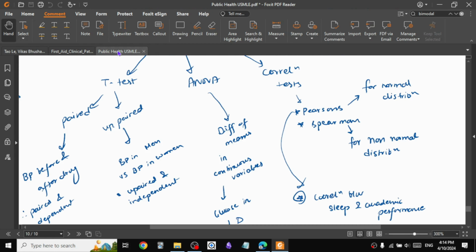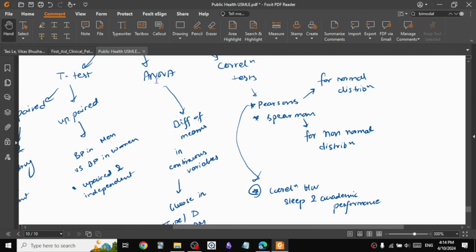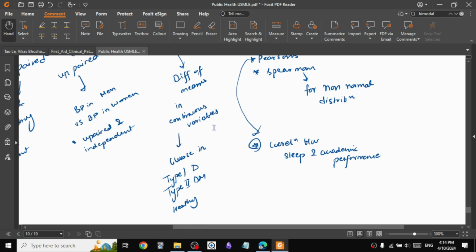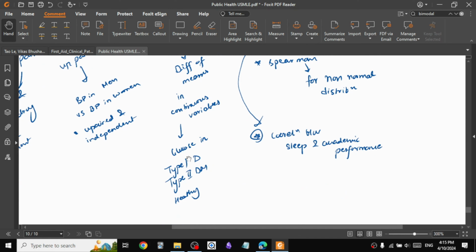What is ANOVA, analysis of variance? It tests the difference in means of continuous variables. For example, glucose in type 1 diabetes, in type 2 diabetes, and in healthy patients. What will I use? I use ANOVA. I'm measuring glucose levels, so first of all I'm getting a numeric value, which means quantitative analysis, right?